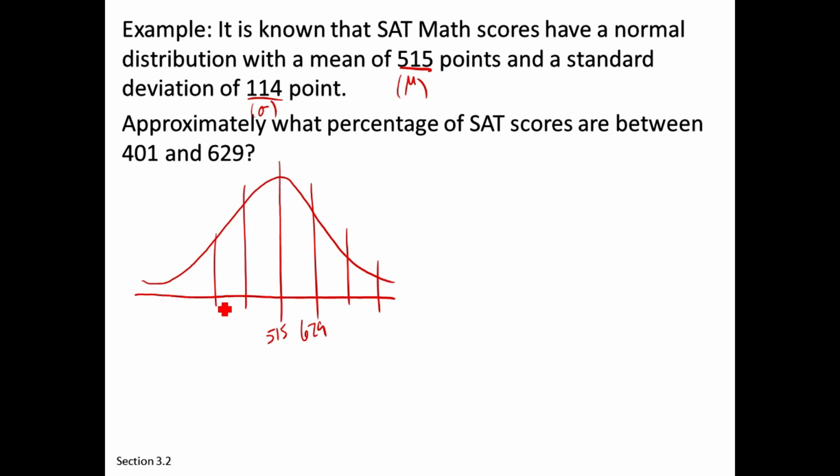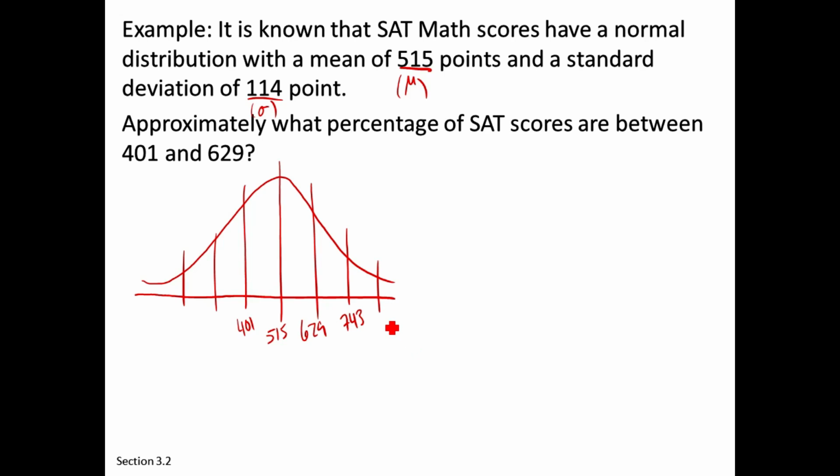And similarly, we could go down standard deviations. If you go down one standard deviation, what does that take you down to? Probably 401. Yeah, I think it will. 401. You could draw some more values here. What do we got? If you add another 114, what do you get? 743, I think.